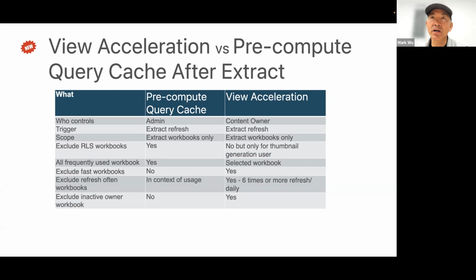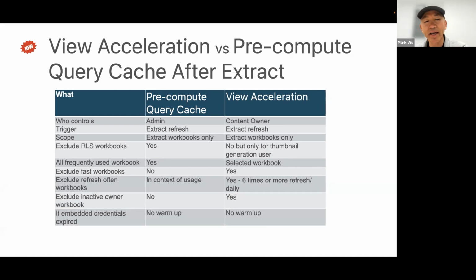What if the owner is inactive? Pre-compute doesn't care, but the view acceleration, you cannot do it anymore. What if the embedded password expired? Nothing can be refreshed. What if the extract failed? Nothing can be refreshed.